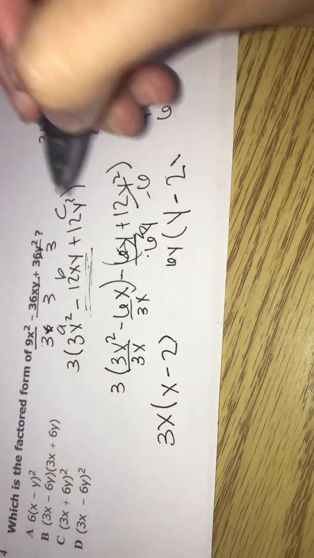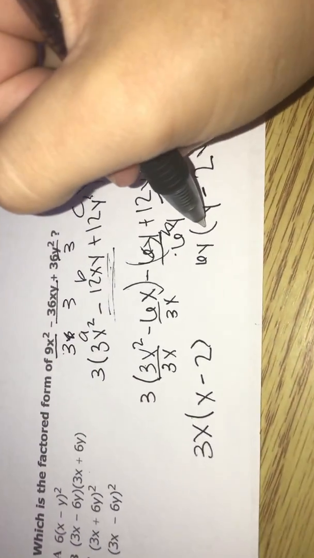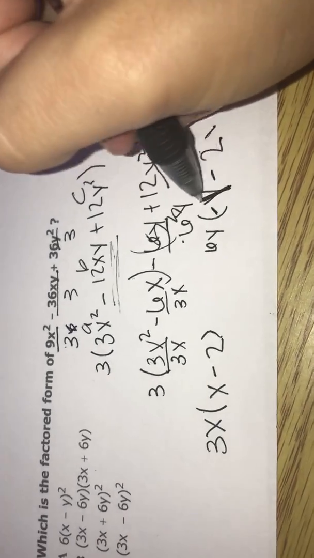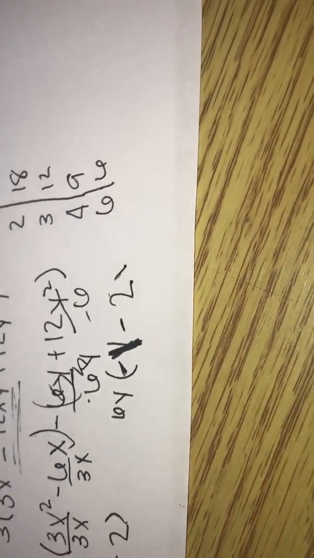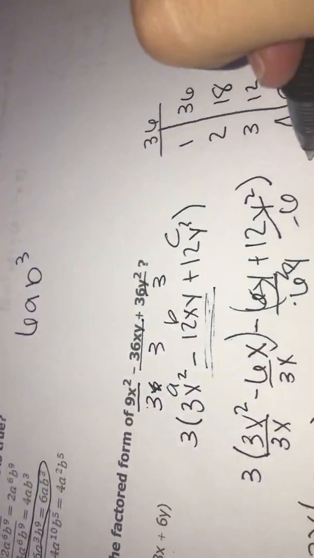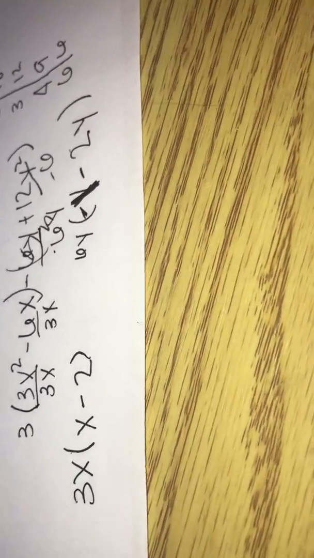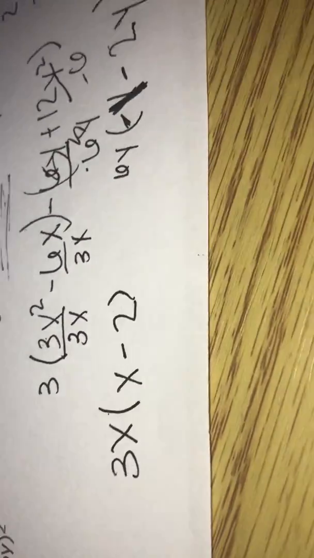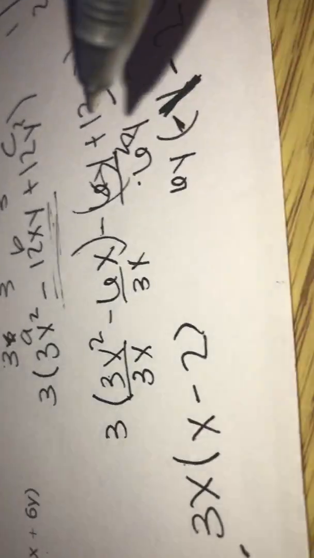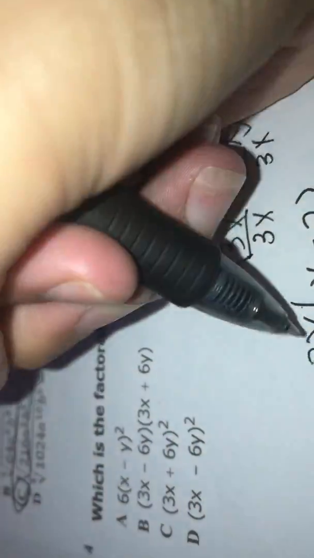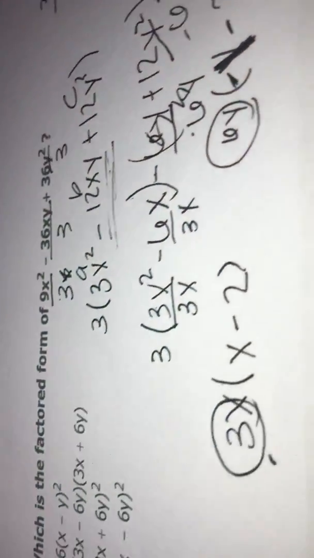Oops, that would just be, I'll completely mess up. Negative 1 divided by 2y. Okay, so we have 3. The first term, 3x and 6y, you're going to want to group those together.